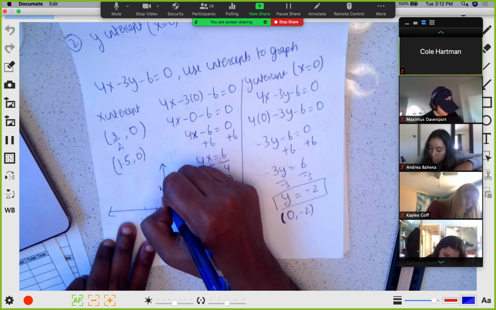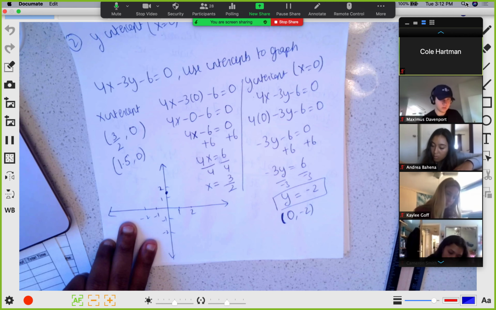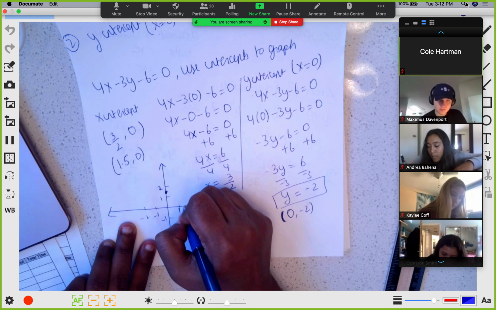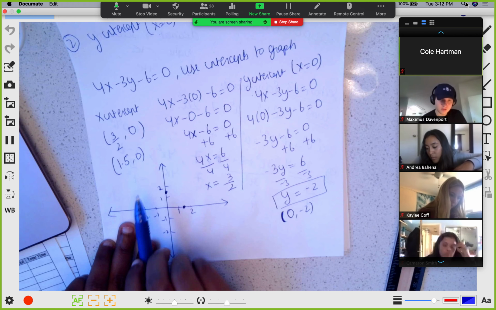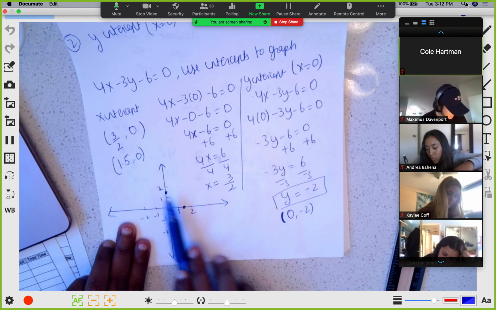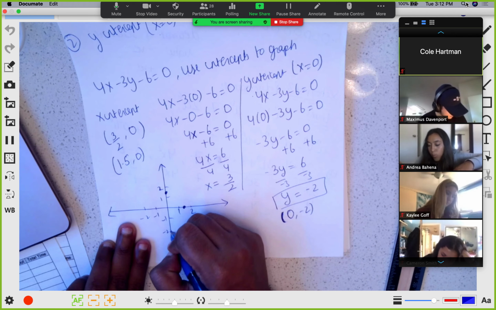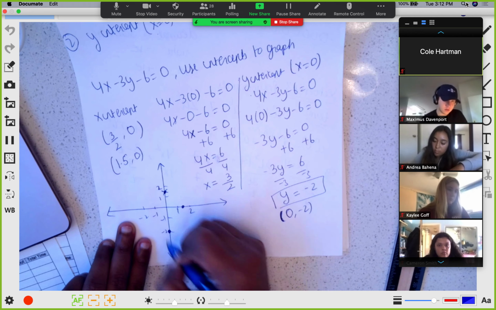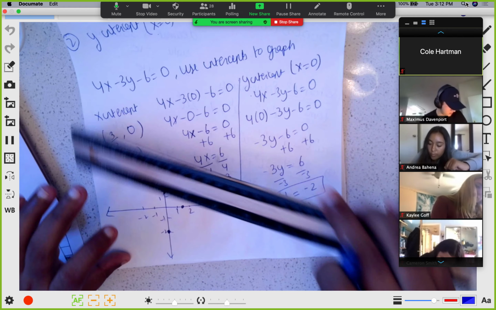This is my 1 point. It's on the x-axis, it's the x-intercept. And then 0, negative 2 is here on my y-axis. Join these 2 points and that's your answer.